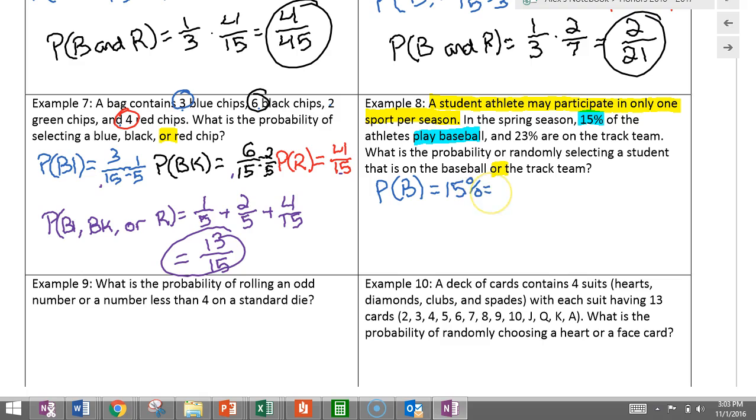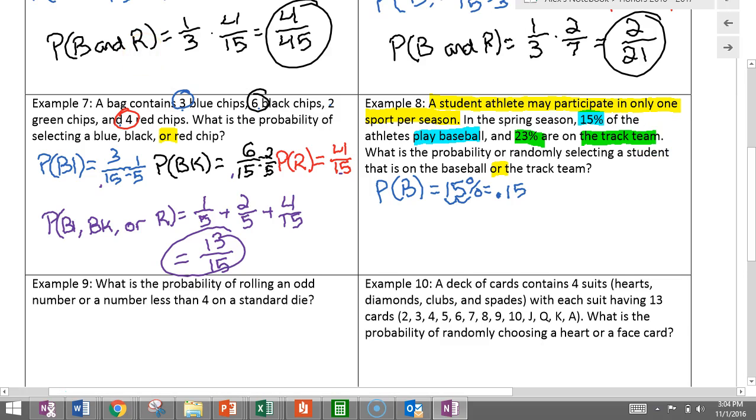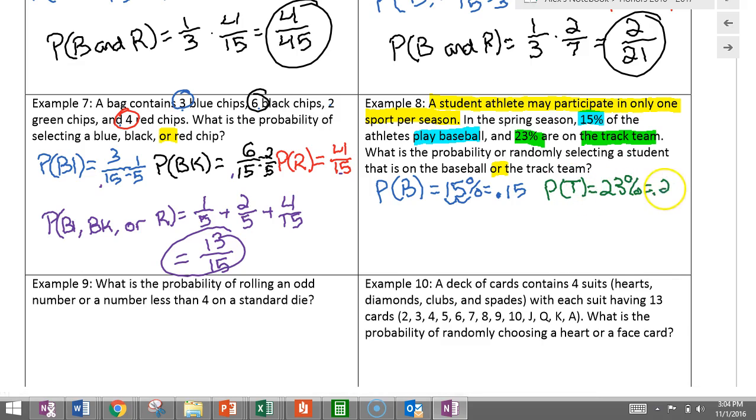And again, I'm going to change this into decimal form by moving my decimal place back 2. So it's 0.15. And the probability of track is 23%, which is 0.23. What's the probability of one or the other?